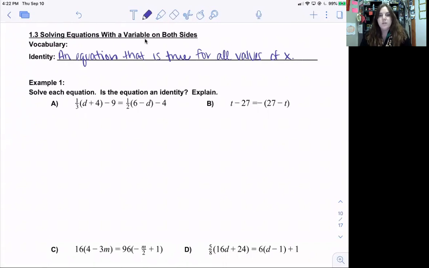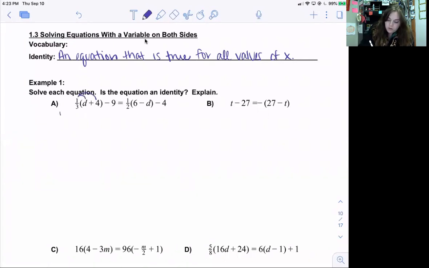So solve each equation. Is the equation an identity? Explain. So looking at A, we have 1/3 times the quantity D plus 4 minus 9 equals 1/2 times the quantity 6 minus D minus 4. So we're going to start off with the distributive property. So we're going to distribute this 1/3.